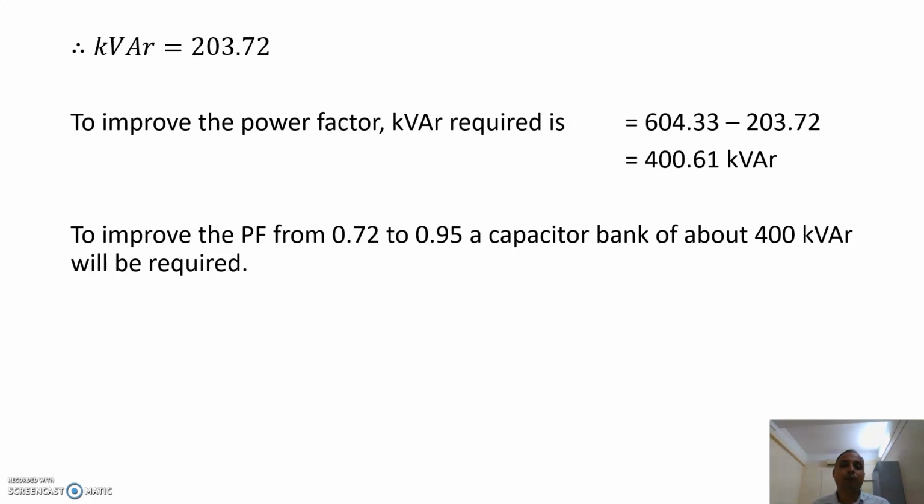So we compute the rest of the quantities by keeping that kilowatt value constant, and improvement of power factor can be obtained by computing the capacitor kVAR required to be installed.